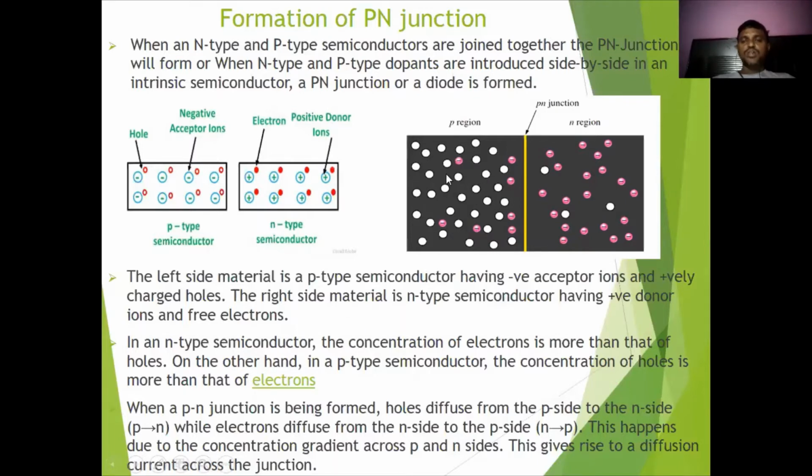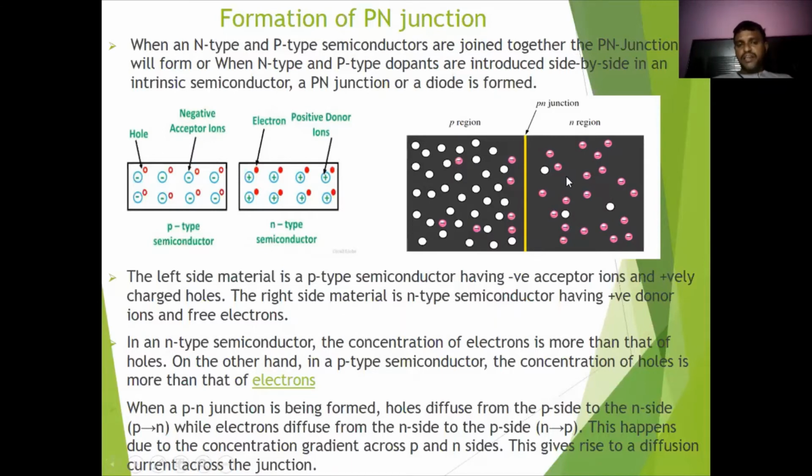Already I told you that majority carriers are holes on the p side and minority carriers are electrons. Similarly, the majority carriers in n-type are electrons, and minority carriers are holes. Here you can observe a sea of electrons, and in between them a small number of holes in the n region, which are minority carriers.